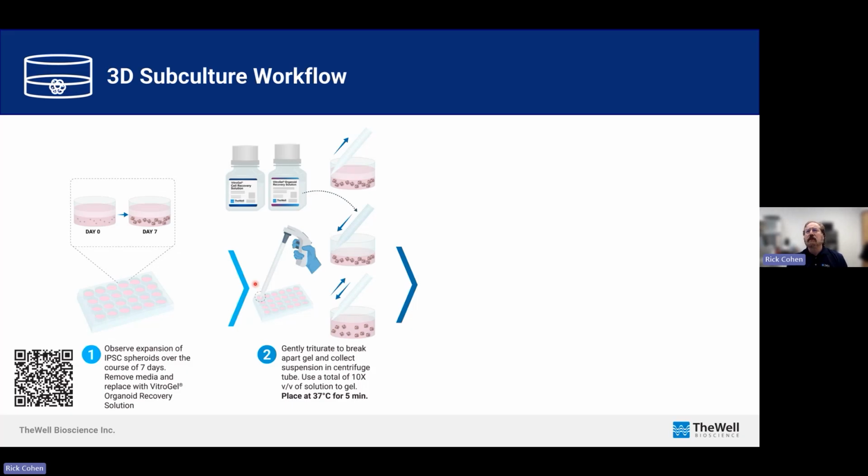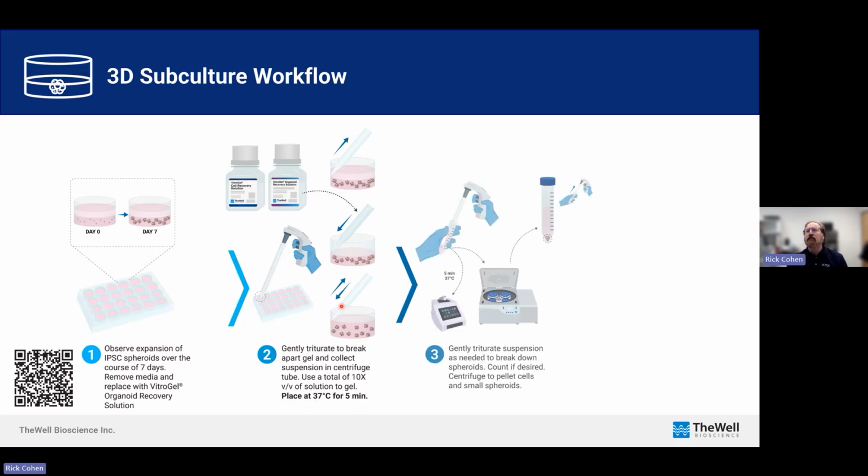There makes no difference. Immediately triturate it gently, once or twice, throw it into the water bath or a bead bath for 5 minutes, and go back and retriturate. So the second trituration fully dissociates the gel. If you skip that, you'll notice some issues when you centrifuge. So once it's fully dissociated, you can do 2 things. You can count them, and you may end up with spheroids and single cells, depending upon which reagent you use.